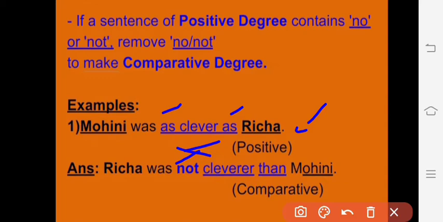So you have to convert into negative formation while you convert into comparative degree. So here we apply not. So Richa was not cleverer than Mohini. The adjective clever is converted into comparative by adding er or more. Now we go for the next.